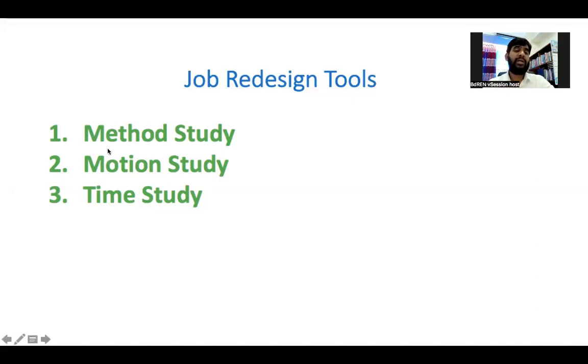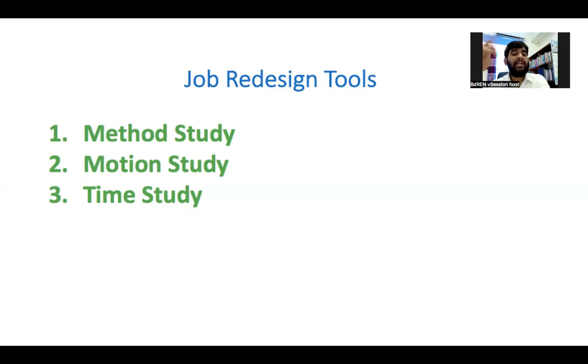They will try to bring out the best method to produce a product or do the job, which will ultimately improve productivity. So the operations manager and industrial engineer are concerned with productivity improvement. Productivity improvement means more output, more sales, and ultimately more profit.